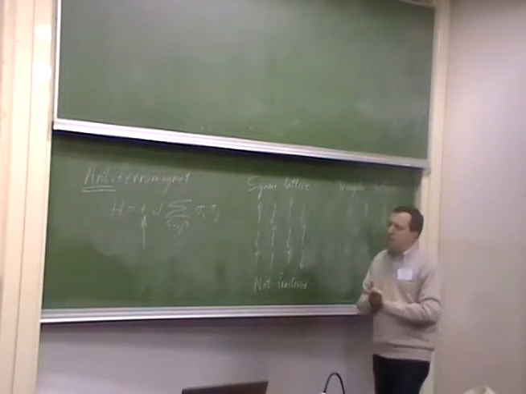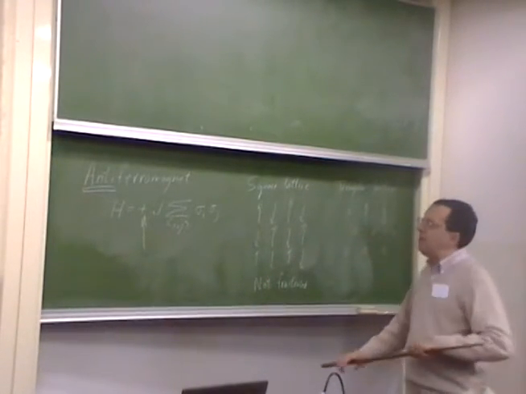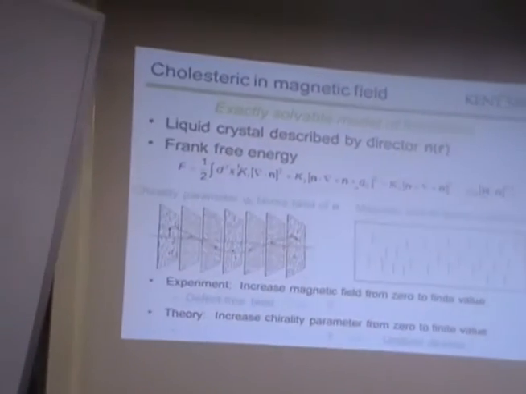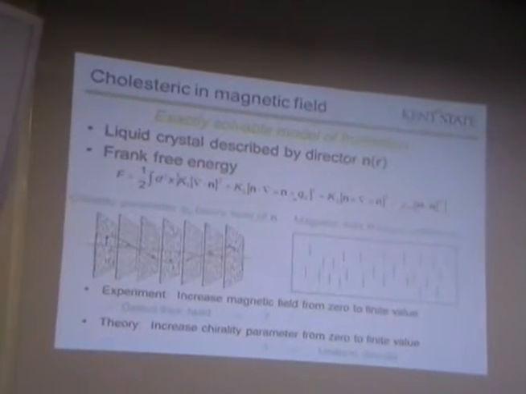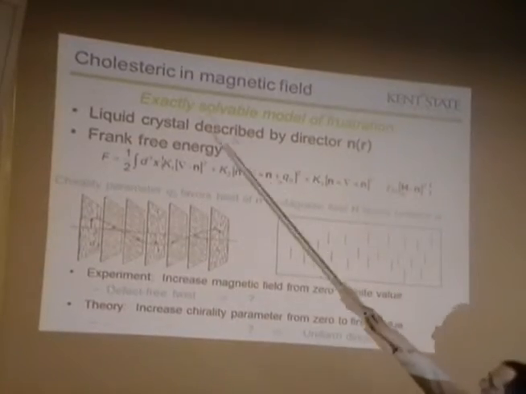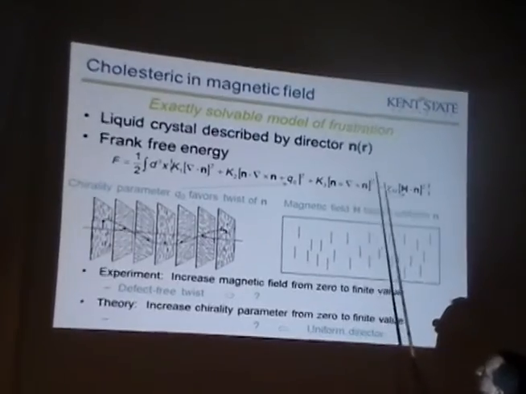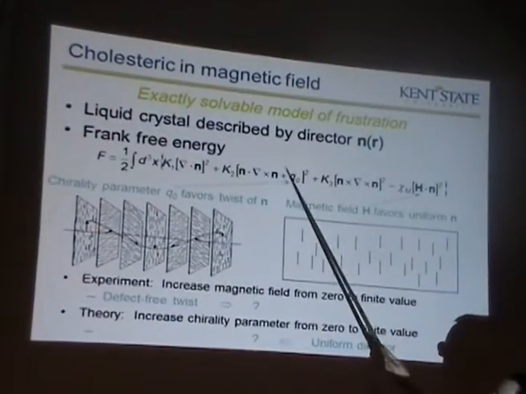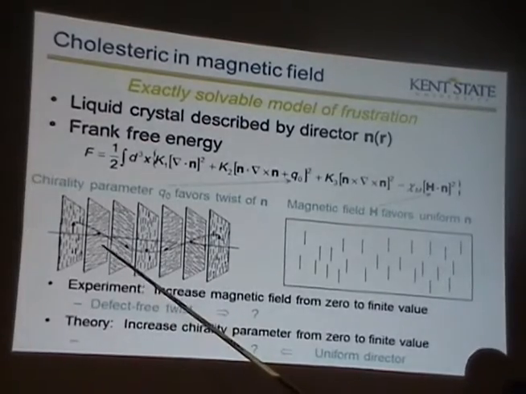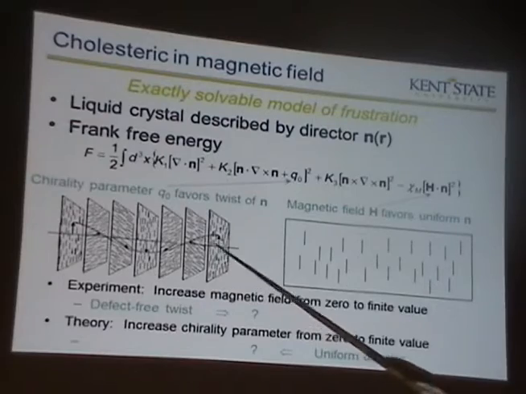So let me show you how something like that can happen in liquid crystals as well. Suppose that you have the cholesteric phase in a magnetic field. So you have the Frank free energy like this with the chiral term, and it favors a twist in the orientation like that.